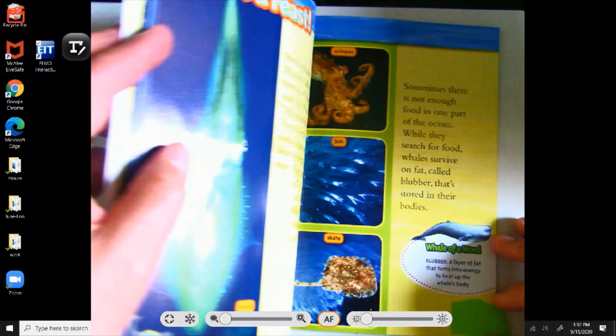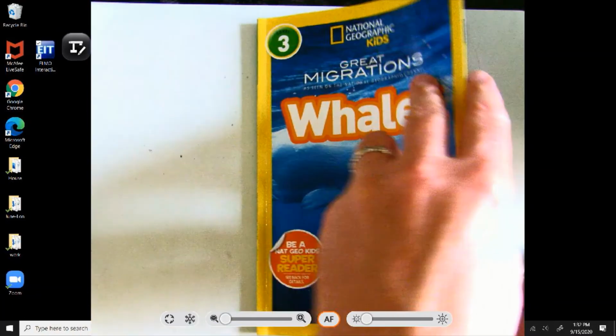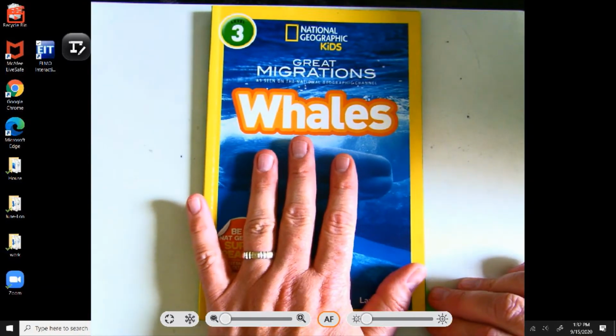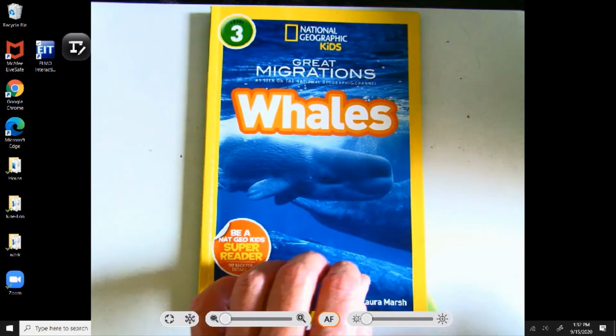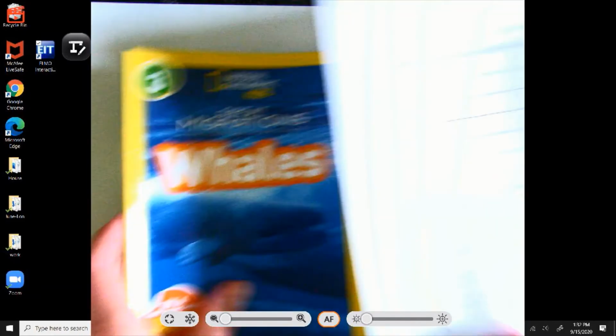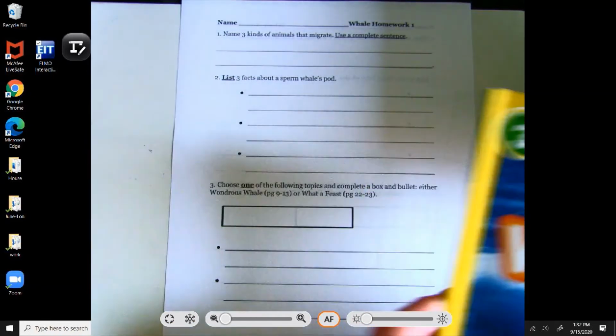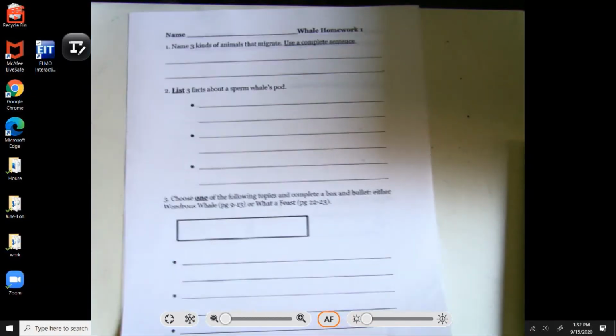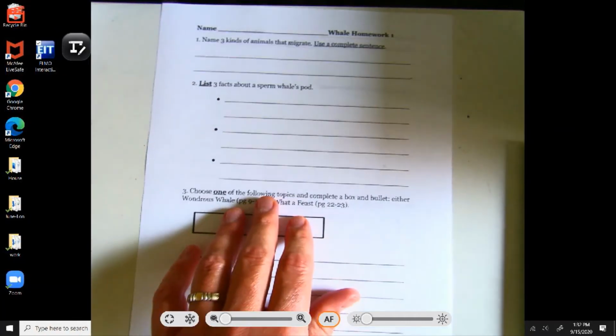So scholars, that's where we're going to stop on our book for today. We'll continue with it again next class. But now I want you to look at your page with me, right? This paper, Whale Homework Number 1. It's not in a packet, it's just its own loose sheet that you brought home.